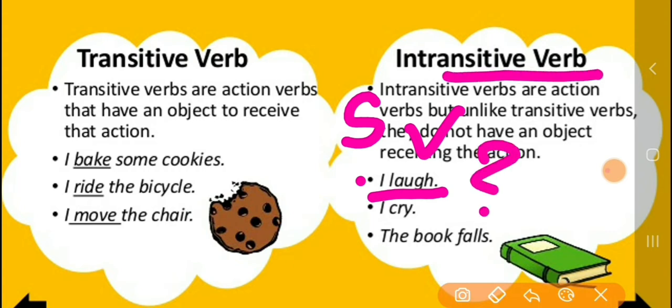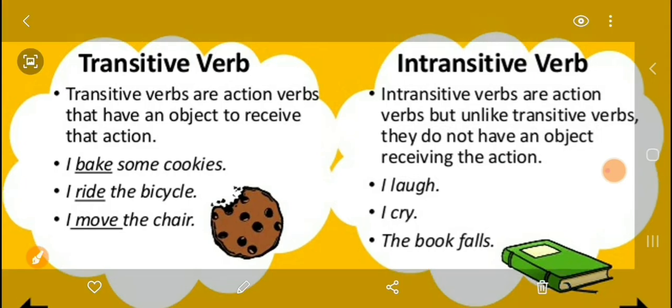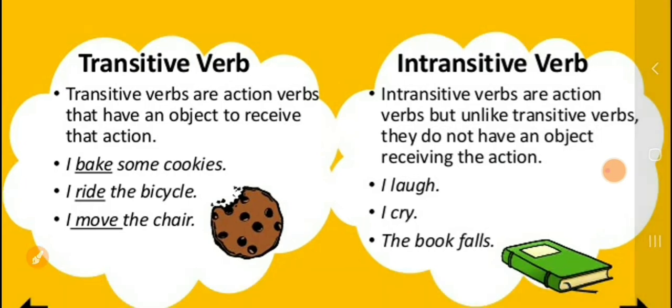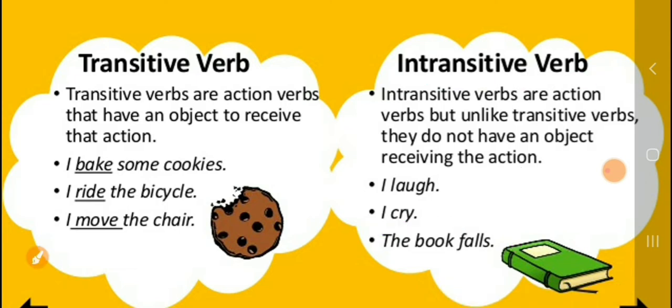So it is an intransitive verb because the action is not getting passed. In the second sentence, I cry. In the sentence here, I is the subject, cry is the verb, but the action is again not getting passed. So it is an intransitive verb.